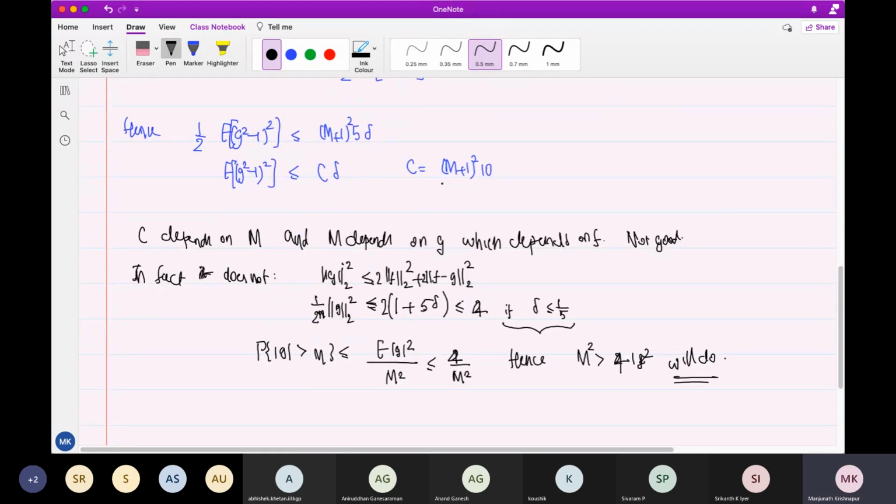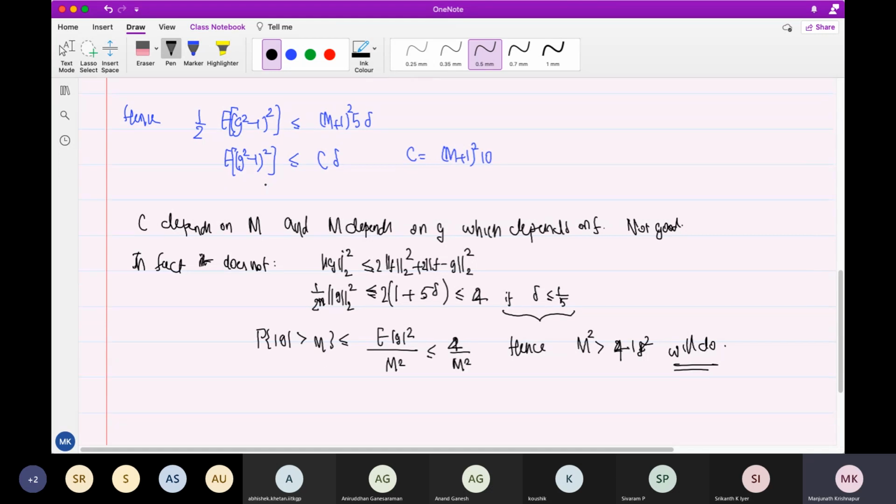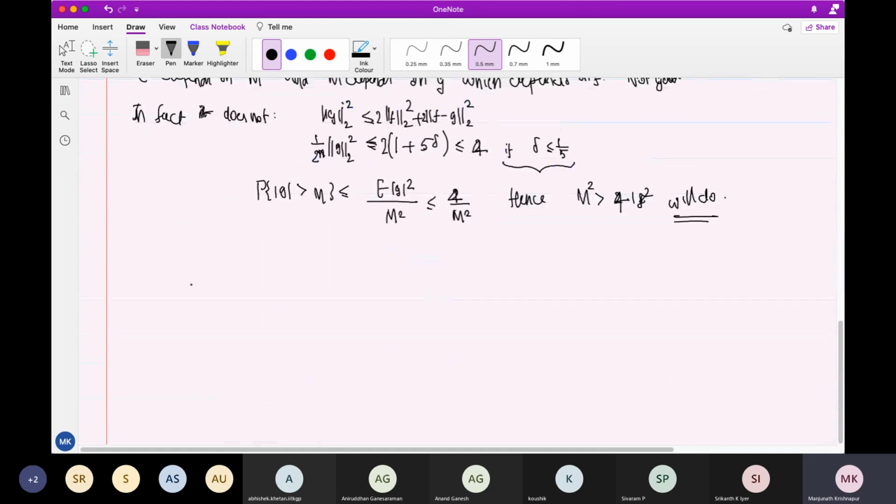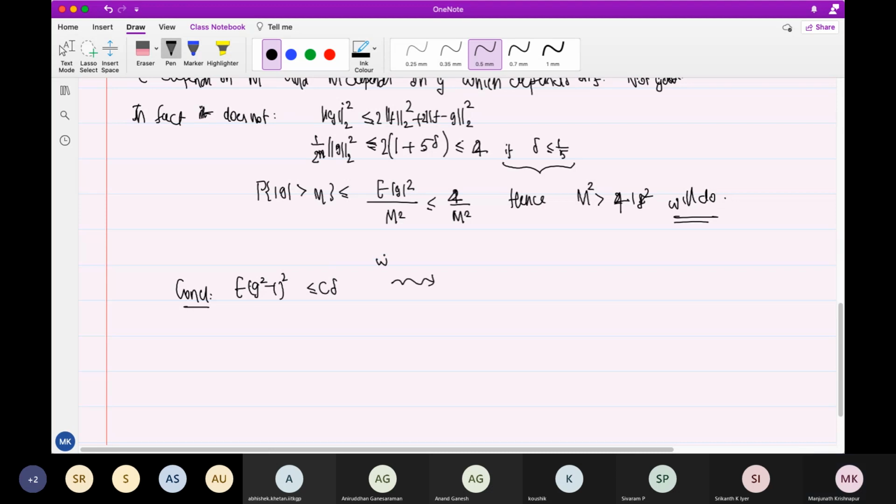So we have shown that the expectation of G squared, so consequently the expectation of G squared minus 1, is bounded by a constant times delta, and we have already seen that this implies that one Fourier coefficient is greater than or equal to 1 minus some other constant times delta.